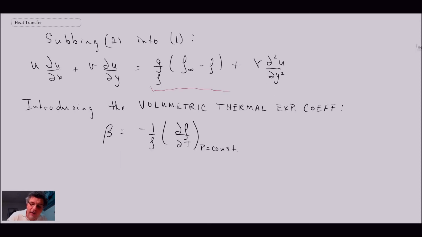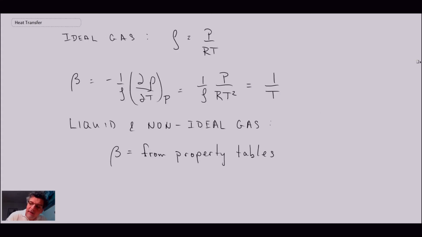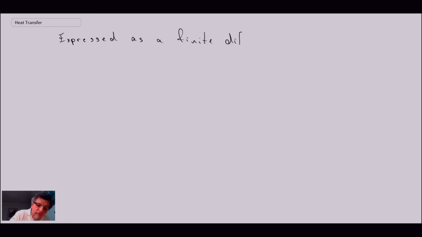Coming back, we want to find a way to use beta to handle this term where we have the difference in density. So we're going to express beta in terms of a finite difference. Now I'm going to solve for rho infinity minus rho, which is what is in our momentum equation.